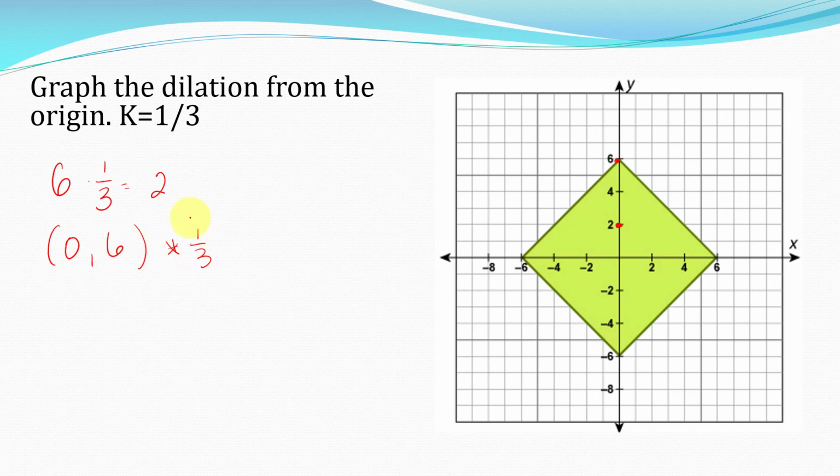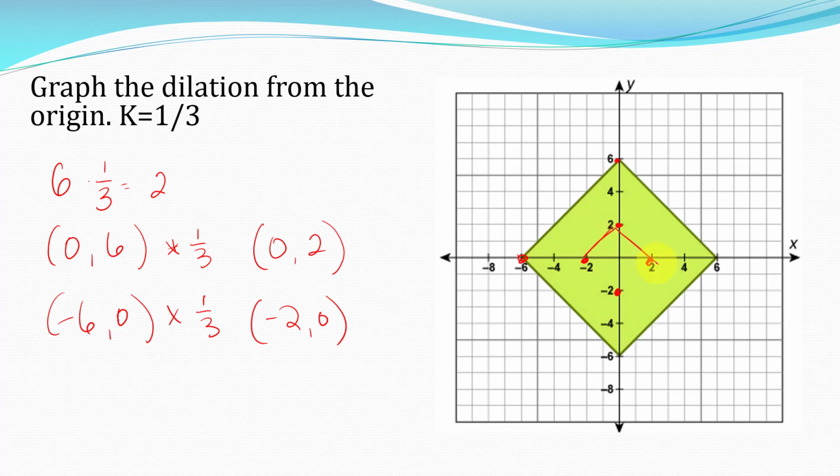Well, 0 times anything is still going to be 0, and 6 times 1/3 would be 2. Okay. This coordinate here is negative 6, 0, so times 1/3 is going to be negative 2, 0. And the same for the others. Pretty straightforward. And we can draw this new shape. So the new shape is 1/3 the size of the original shape.